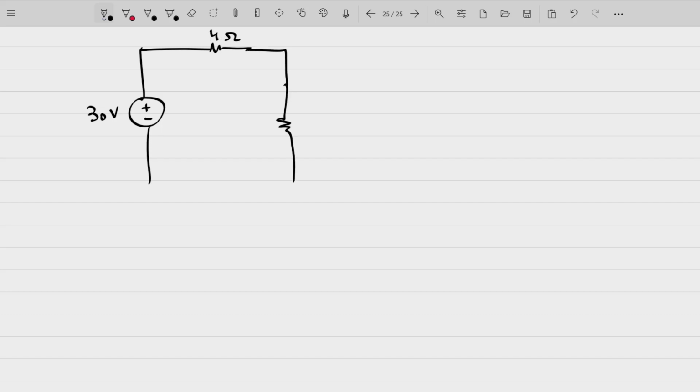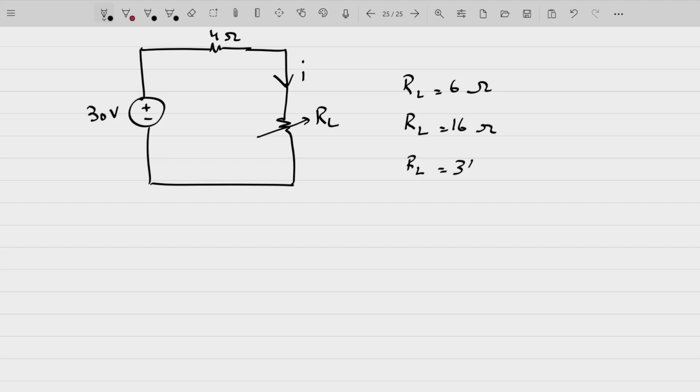And now we can place back our load resistance, that is RL. Now we have to find the current I that is flowing through RL for 3 different cases: RL equal to 6 ohms, RL equal to 16 ohms, RL equal to 36 ohms.